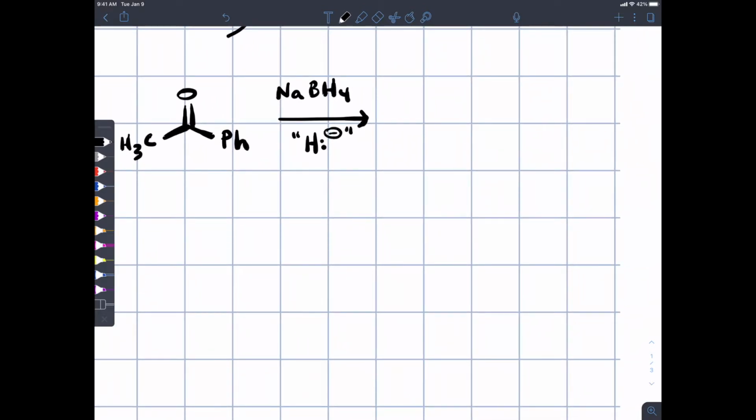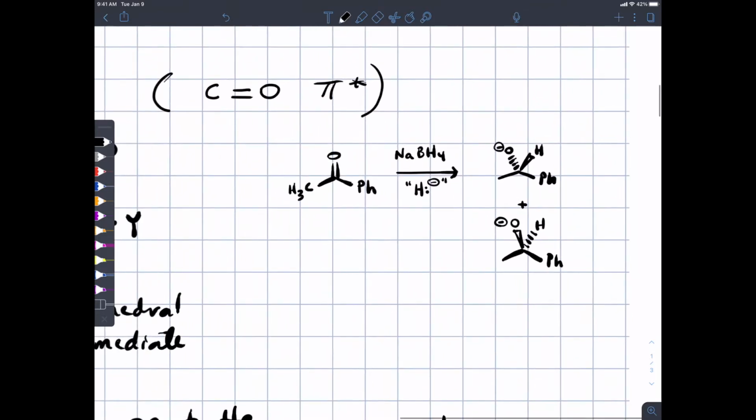So there are two possibilities. We can add the H- from above to get this stereoisomer, or we can add the H- from below to get this stereoisomer. Okay, does that answer the question?